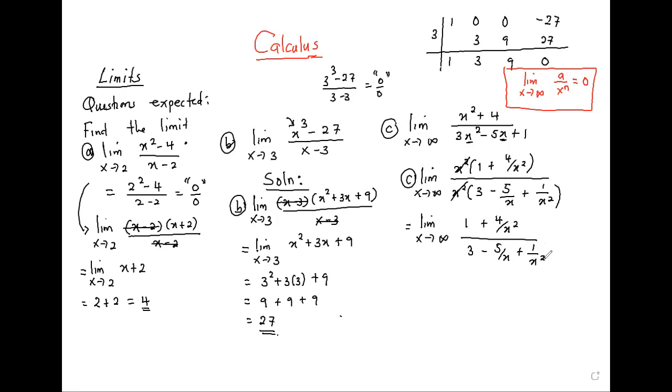You use this property here. Okay? So you can get, by evaluating, the limit as x goes to infinity of 1, that would be 1, plus the limit as x goes to infinity of 4 over x squared, that would be 0, over 3 minus 0 plus 0. So we get 1 over 3.